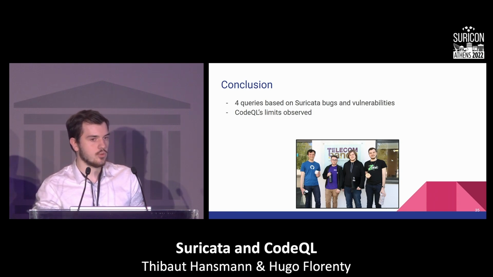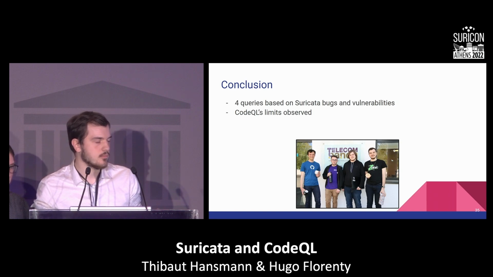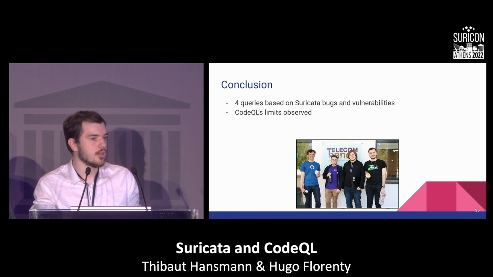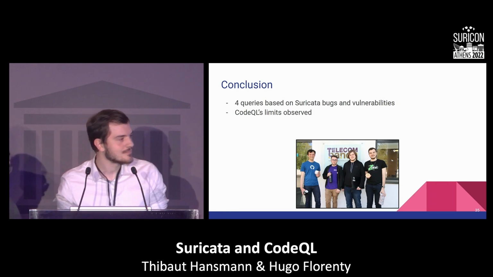So basically install CodeQL and create your own database. After that, the query will run smoothly if you use an extension like VS Code, or you can run it with the command line if you want.